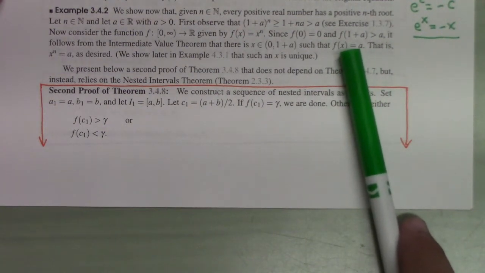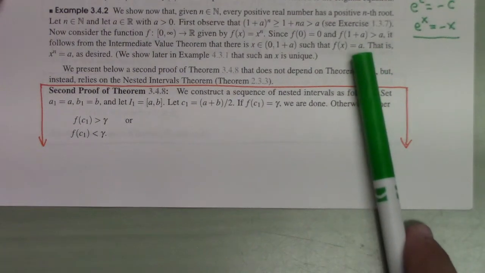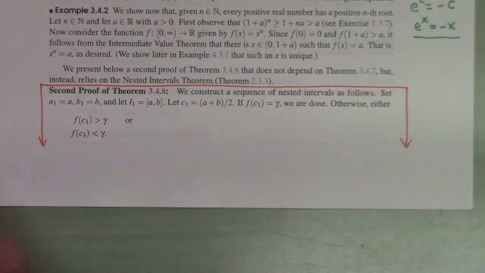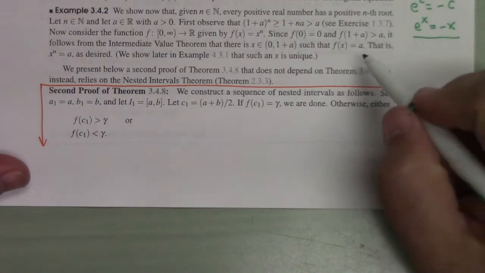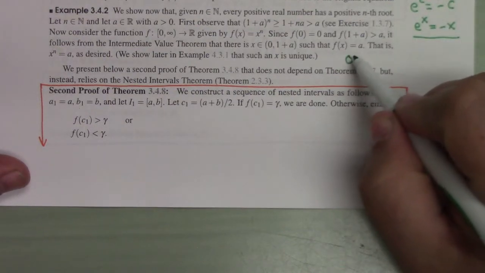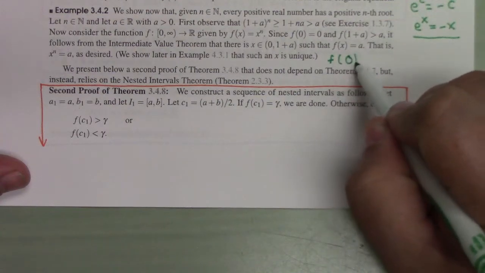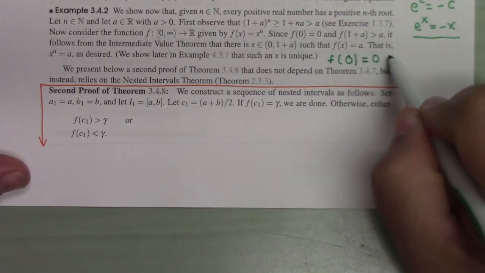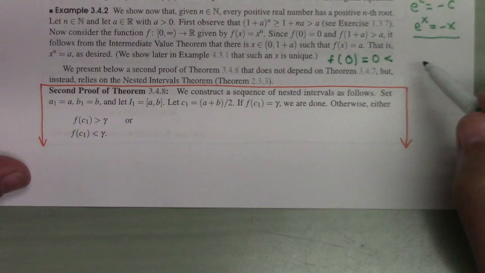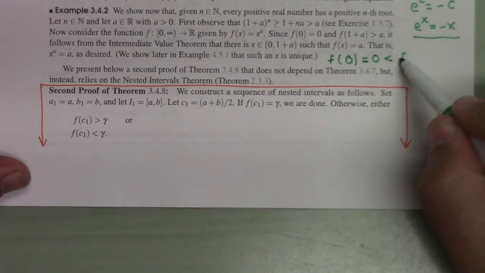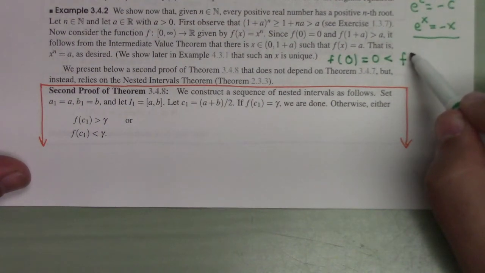So x is like c in our theorem. F of x is equal to a, because we have f of 0 equals 0 is less than f of 1 plus a.